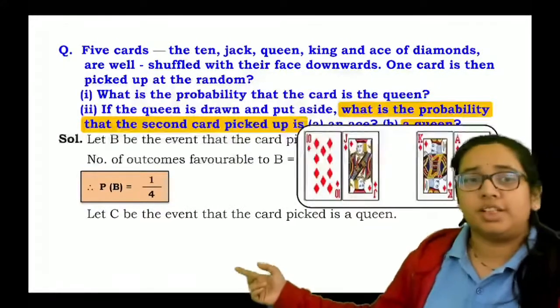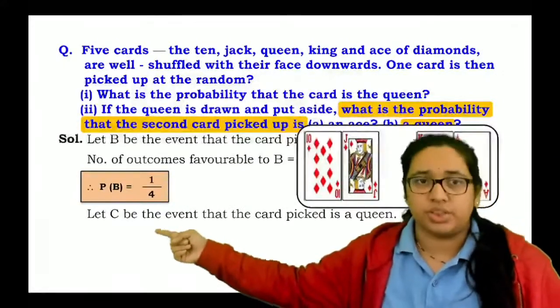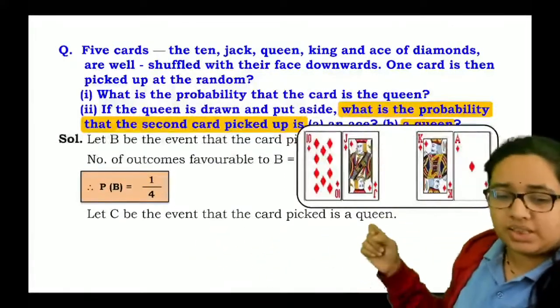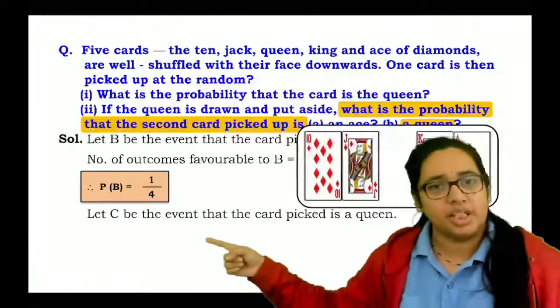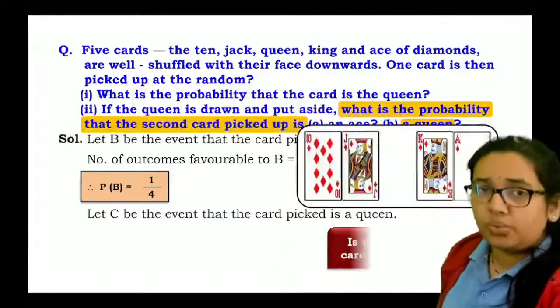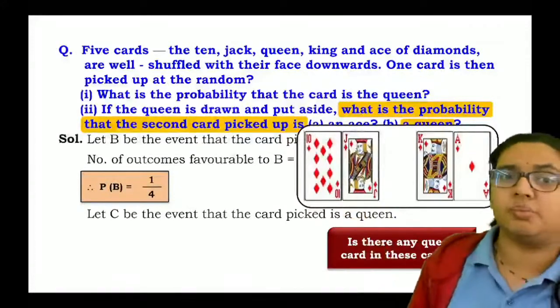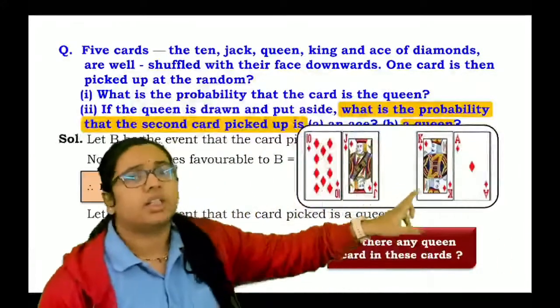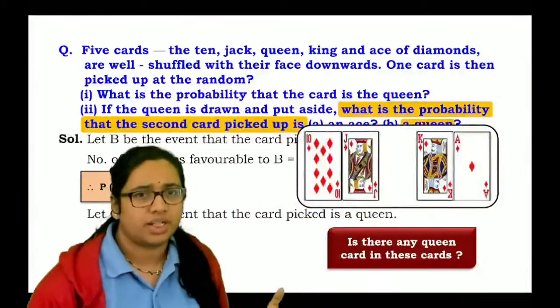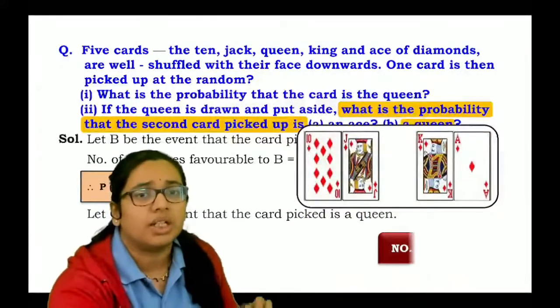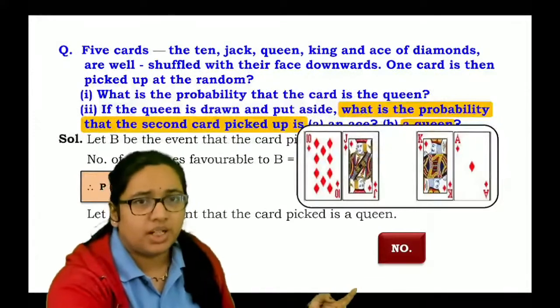Okay. Now consider this one, the last question. Let's see the event that the card picked is a queen. Okay. So we have only these four cards, which are nothing but 10, jack, king, and ace of diamonds. So obviously we can see that there is no queen card.